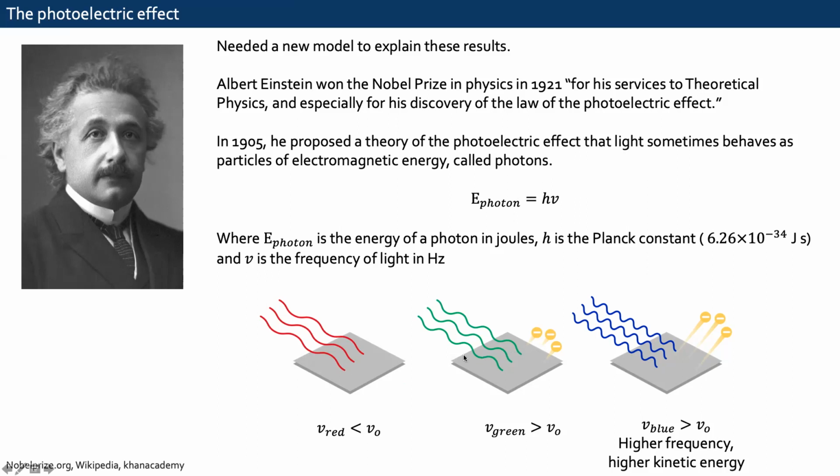If you hit a surface with a frequency of light that's greater than this critical amount, then you will eject electrons from the surface. And if you keep the same amplitude, but then increase the frequency, so you can see the height of the green and the blue are the same, but there's a much higher frequency of the blue waves than the green, then you'll eject the same number of electrons, but with higher kinetic energy.